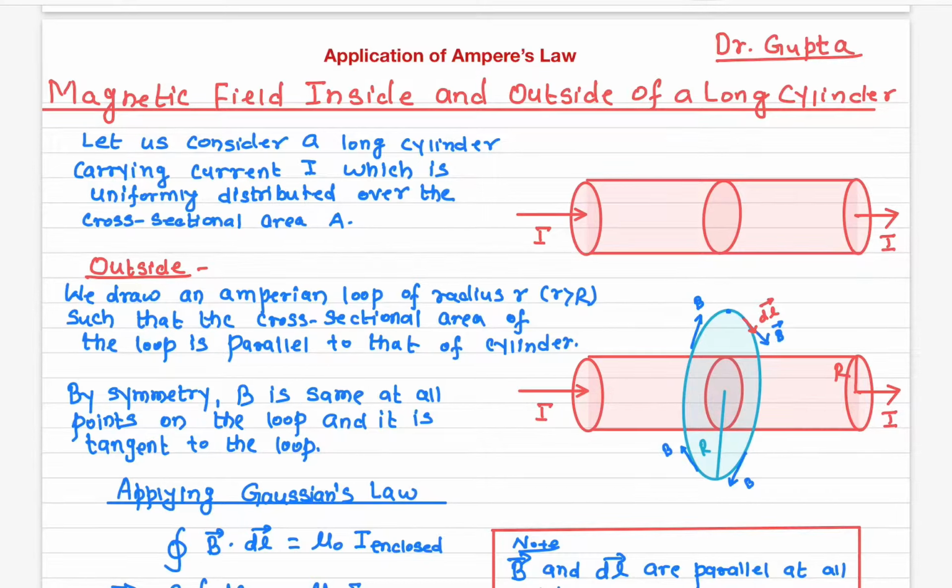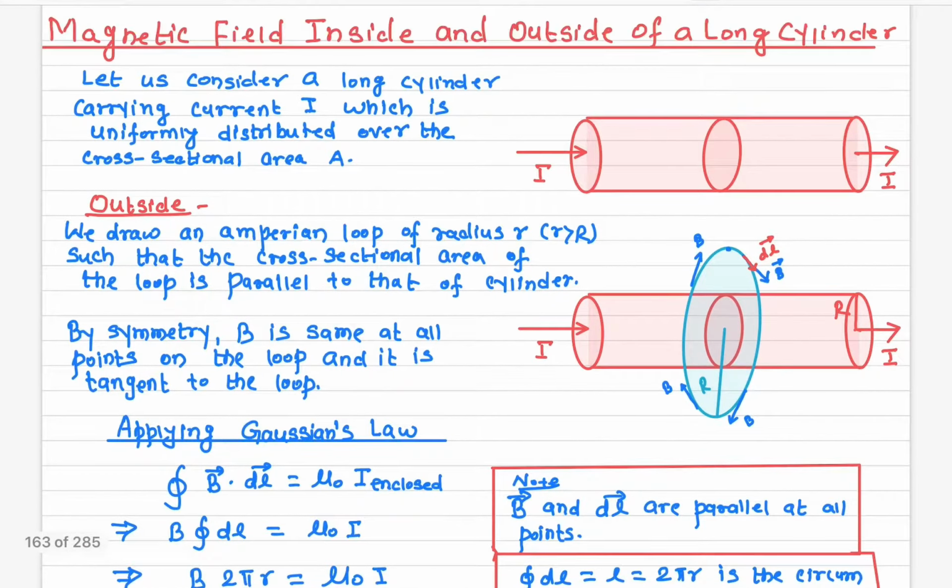And you can find it out by using again the right hand thumb rule. We talked about it many times. If you hold the wire in such a way that your thumb points in the direction of current, then your fingers curl in the direction of the magnetic field.